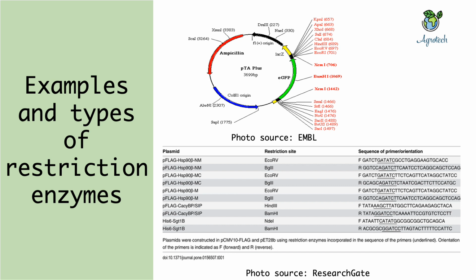Maybe based on the sequence length of the enzyme, we can categorize these restriction enzymes. For example, EcoRV has 4 nucleotide bases less than BglII. And for the recognition site, you can see here in the pTA plus vector plasmid, EcoRI has the restriction site on one side, and on the other side, at the bottom of the EGFP sequence, you can see it has EagI, SrfI, SmaI recognition sites there.